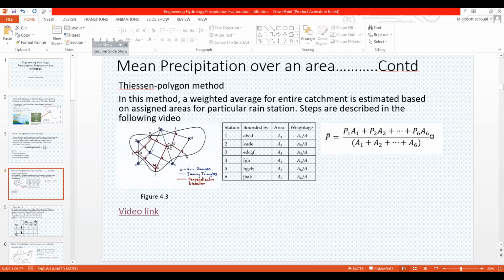Now you know how to develop the relevant Thiessen polygons using perpendicular bisectors. It's a very nice video. In fact, I gave a similar question to students during the final examination this year. Now some of them have made a mess out of that. So please practice this, right?